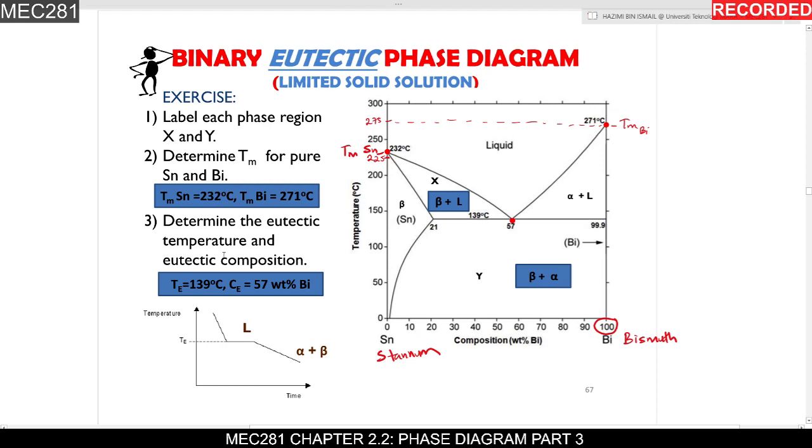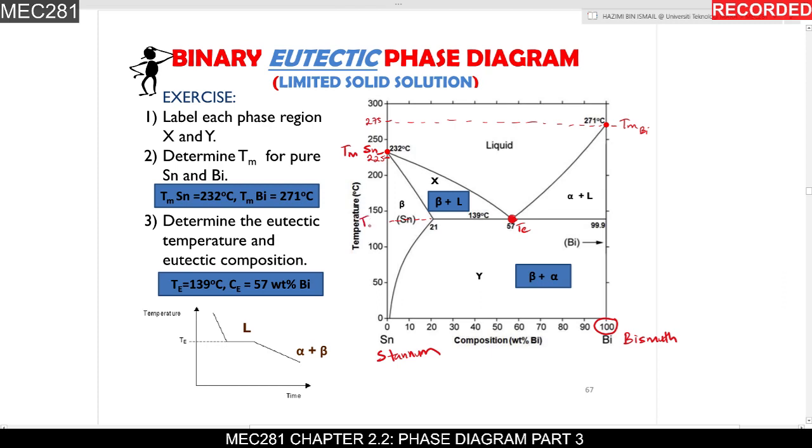Okay, so the third question is to determine the eutectic temperature and the eutectic composition. So where is the eutectic point? Still the triple point here, right? The melting point temperature is represented by this line that crosses TE.